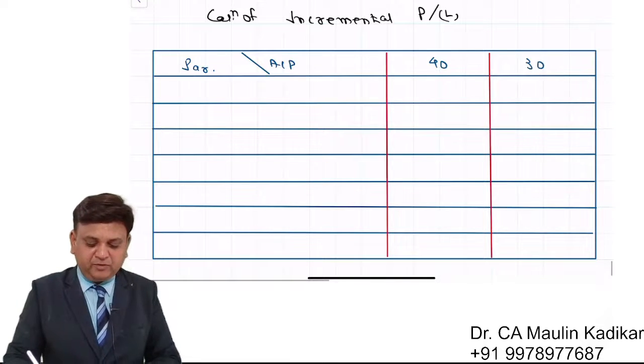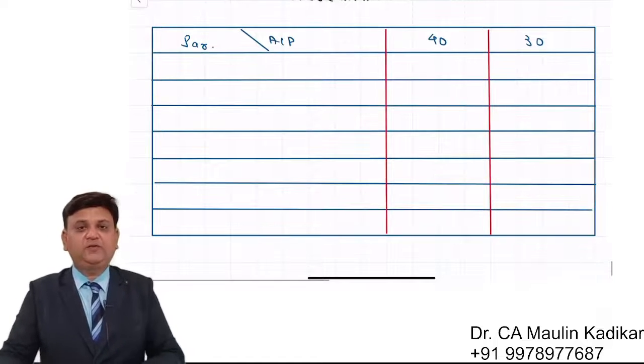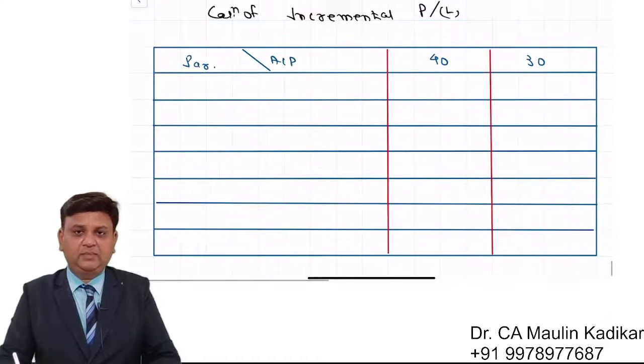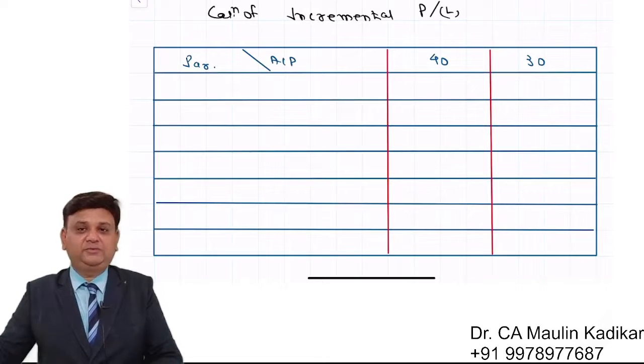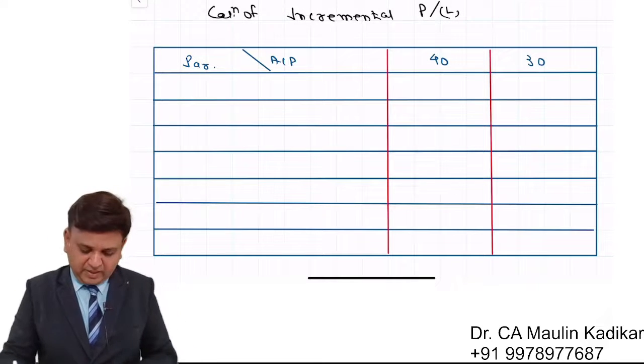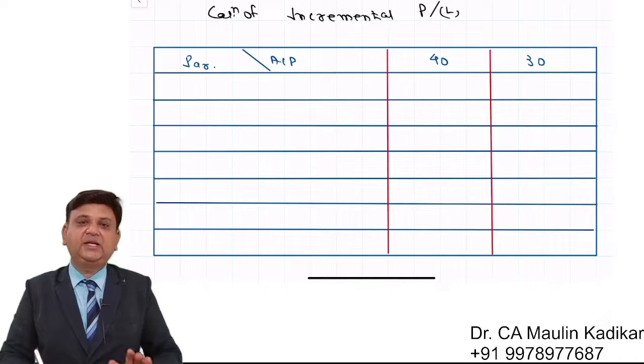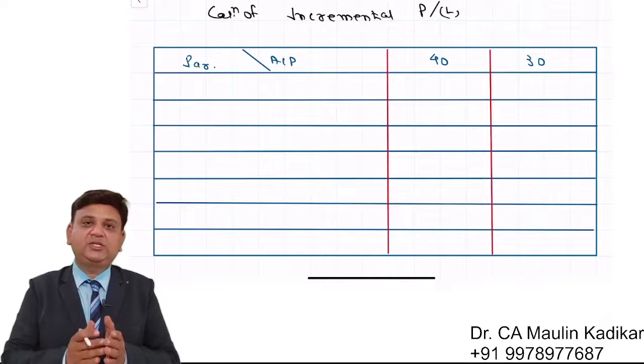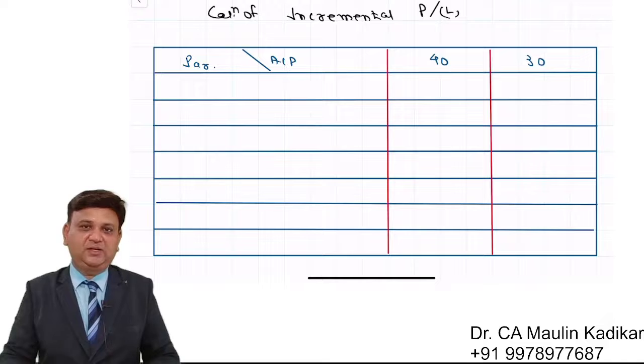I want you to write in the chat box: in the 40 days column, what should I write? Sales value. Friends, we will write nothing against sales. Why? Because there is no change in the sales. Variable cost, nothing.